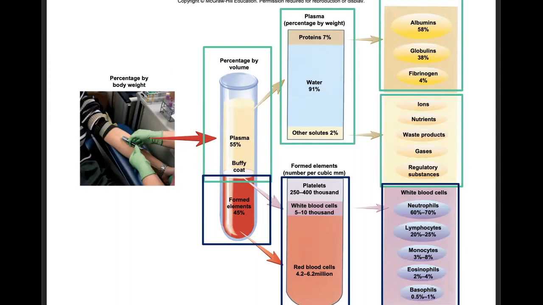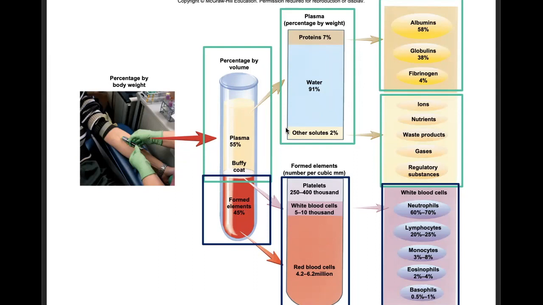When our blood is drawn, they will separate the compositions of the blood. It will be like this: 55% is plasma and 45% is what we call the formed elements.